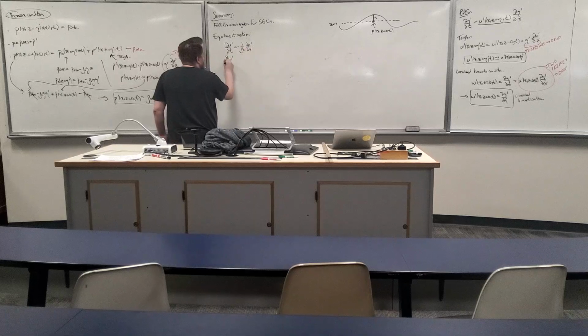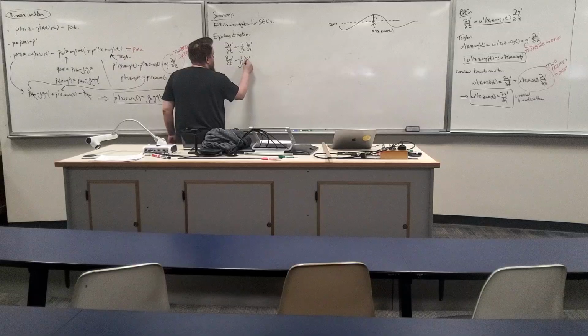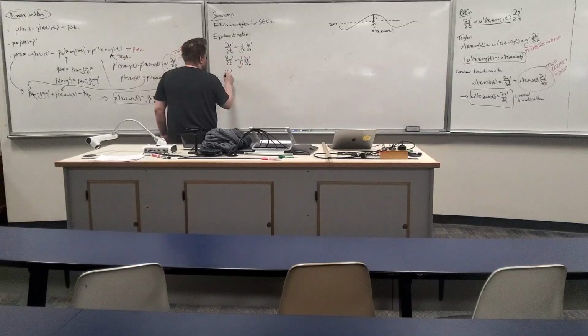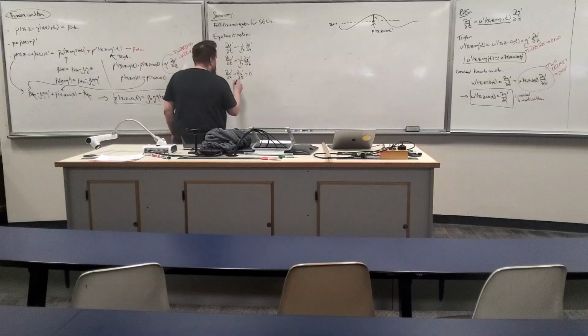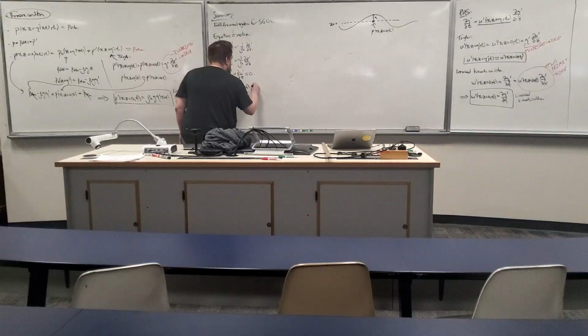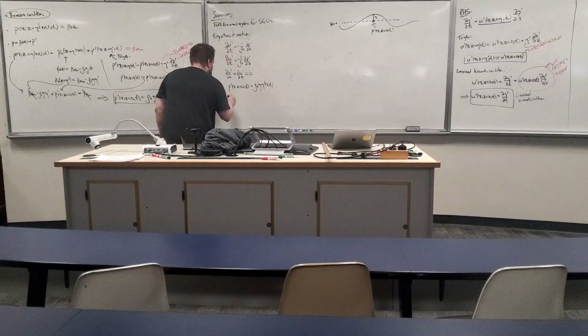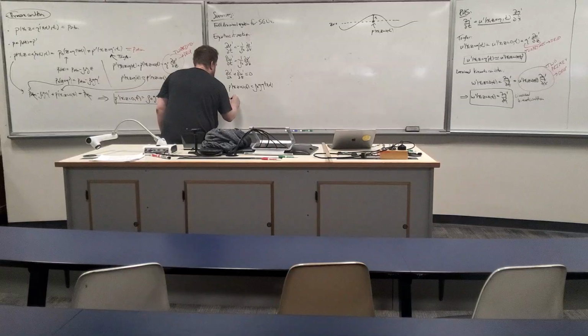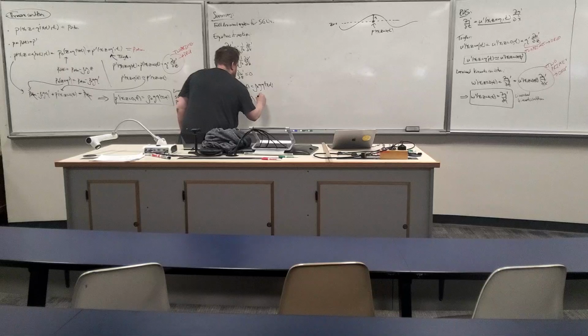We have dw prime dt equals minus 1 over rho naught dp prime dz. We have du prime dx plus dw prime dz equals 0. Then we have p prime at x, z equals 0, and t equals rho naught g eta prime of x and t. And we have w prime of x, z equals 0, and t equals partial eta prime partial t.